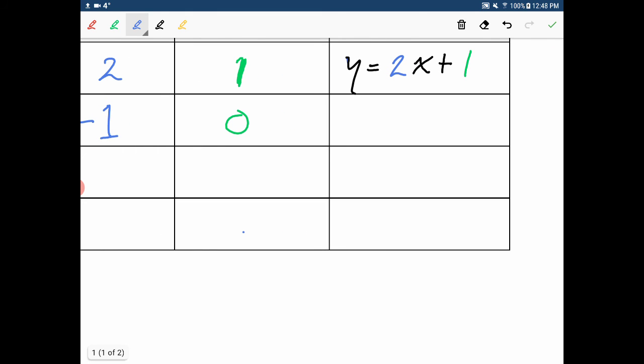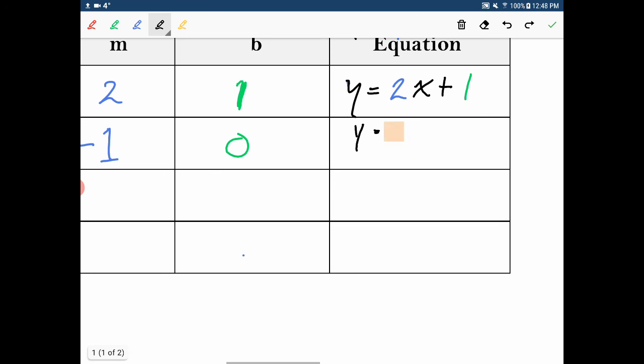So we go to put this into our equation, and we're going to have y is equal to negative 1. Oh, hold on. Let's keep my color scheme up here. Negative 1 x plus 0. Okay, so your answer would be y equals negative x, or negative 1x plus 0.